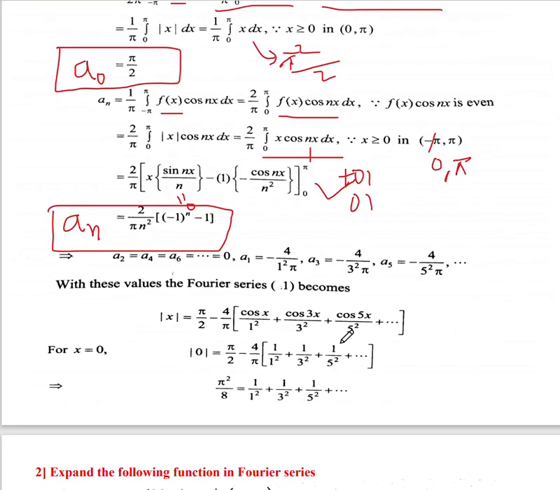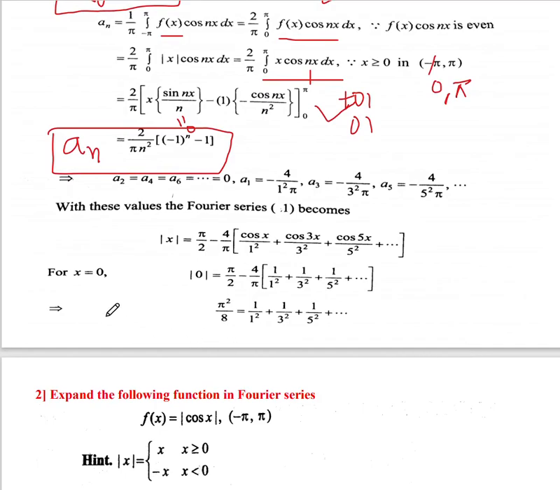So in this way we can write only the odd terms, and even terms will get cancelled. So f of x, which is mod x, equals a0 which is pi by 2, minus 4 upon pi, taking common from this, the only remaining terms are cos x upon 1 square plus cos 3x upon 3 square plus cos 5x upon 5 square plus and so on.